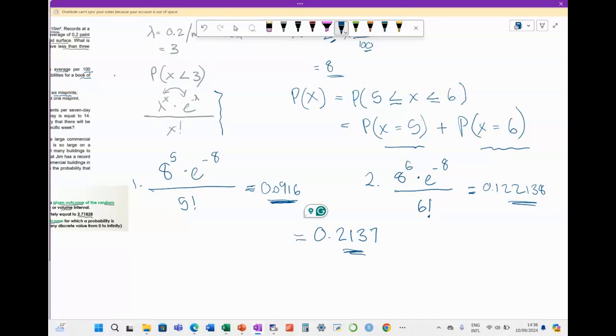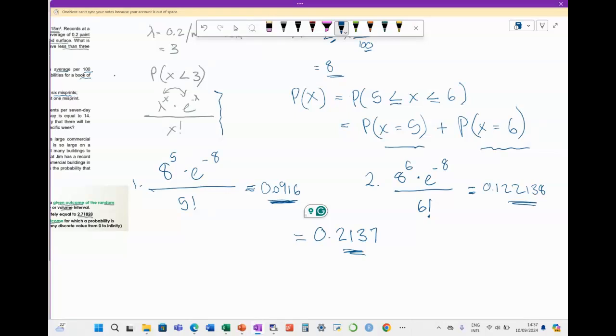So then we have finished this. No, we haven't finished the second one. They say the probability of finding at least one. Because remember, probability is a chance. It doesn't mean we will always find mistakes. We might not have any mistakes whatsoever.